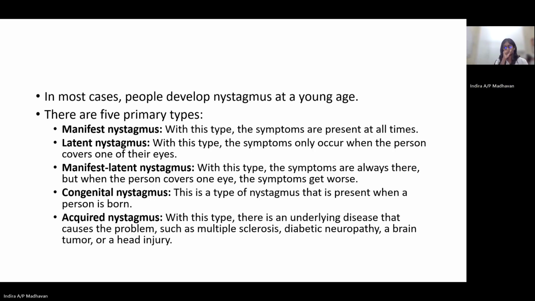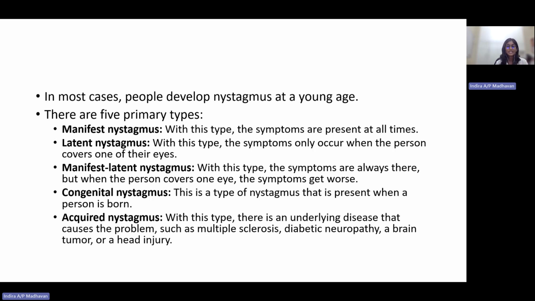For example, if a patient gets a tumor or trauma at a later stage of life, they could also develop nystagmus, but in most cases, they develop it at a young age. Especially patients with a foveal development problem, and also patients with albinism.